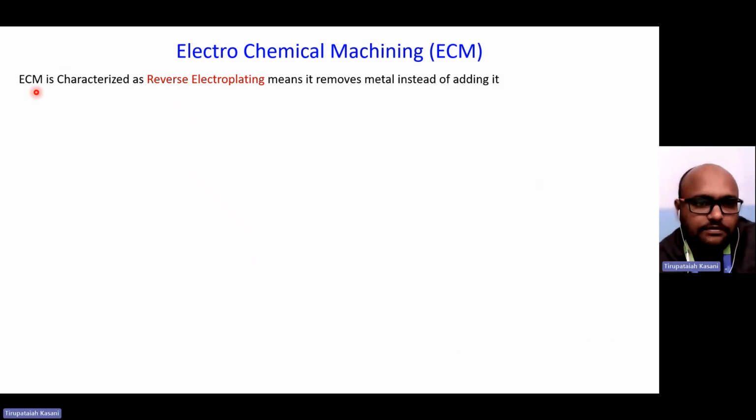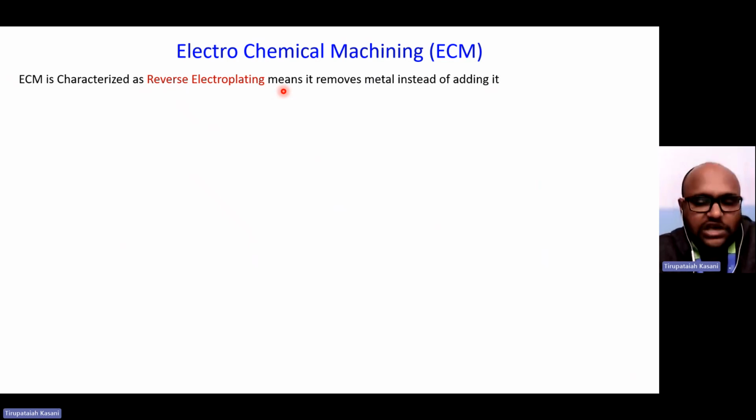See here, ECM, electrochemical machining, is characterized as reverse electroplating, meaning it removes metal instead of adding it. All of you know electroplating means depositing one electrode material over another.